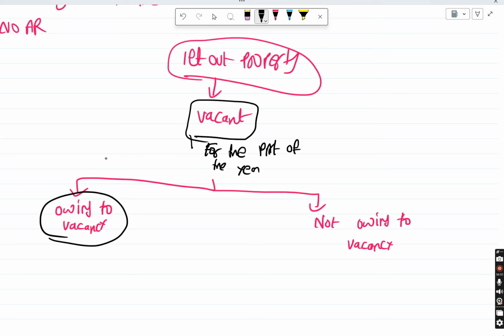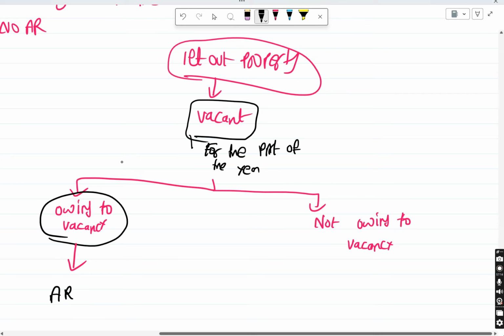If it is because of vacancy, that means people did not actually occupy your house, like people did not take it for rent, that means people are not willing to occupy your house. Then whatever actual rent you have taken.